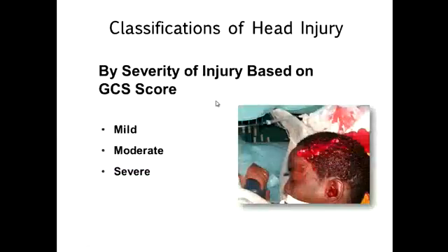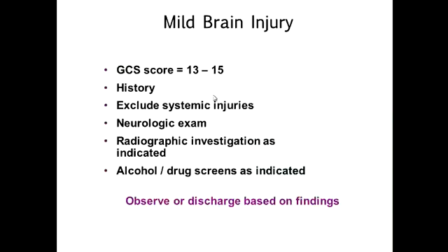How else can we classify head injury? Well, we can classify them based on severity by their Glasgow Coma score. These are often compartmentalized as mild, moderate, or severe. The mild brain injury is associated with a Glasgow score of 13 or greater, and oftentimes does not require radiologic investigation.